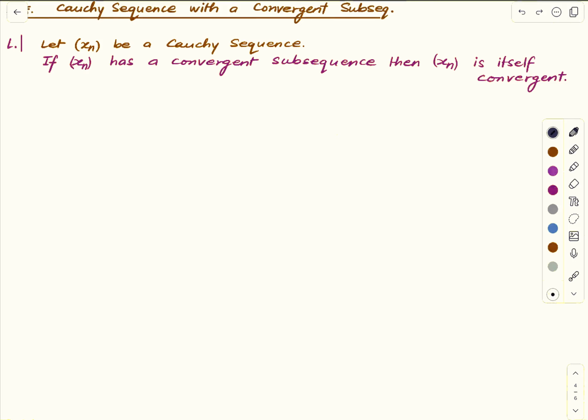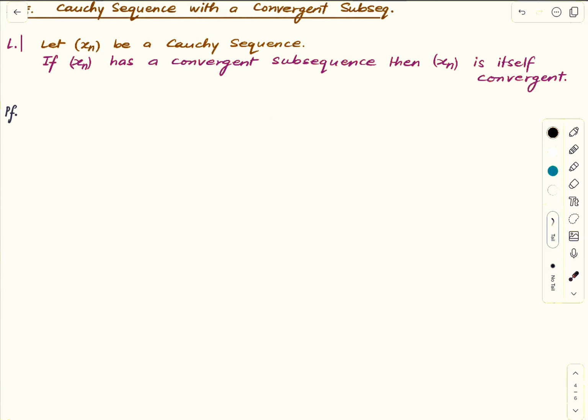Again, let me try to first argue informally. So we have some Cauchy sequence. It has a convergent subsequence, which for the moment think of as a constant sequence. A convergent subsequence or a convergent sequence in general can be informally thought of as a constant sequence because it ultimately just becomes closer and closer to a fixed point.